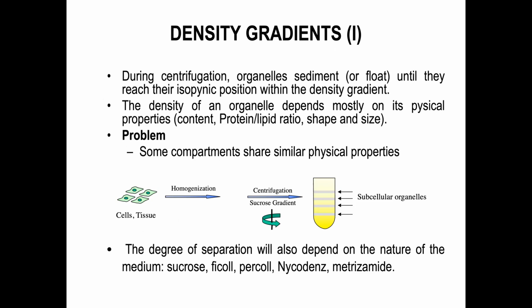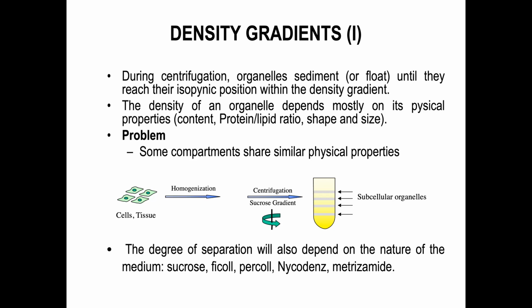That means the isopycnic position is where the organelle, due to its physical properties that are defined by the protein content, the lipid content, the charges, and the shape of the organelle, does not move anymore because the physical environment has the same density and the same specific weight as the organelle has at that moment.